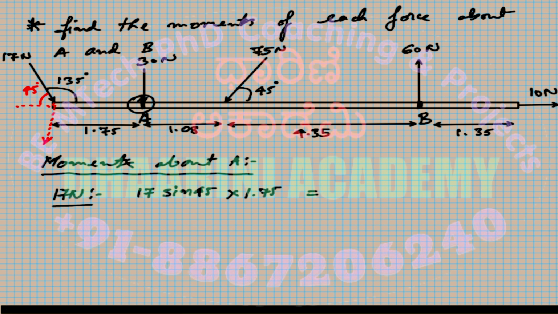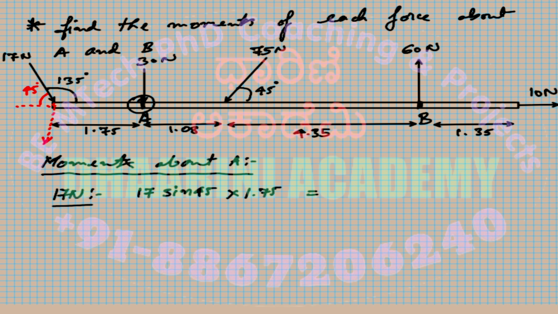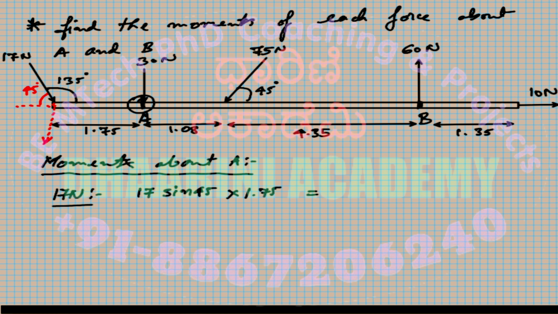So let us calculate that. 17 sine 45 into 1.75 equals 21.036 Newton meters, and it is positive.